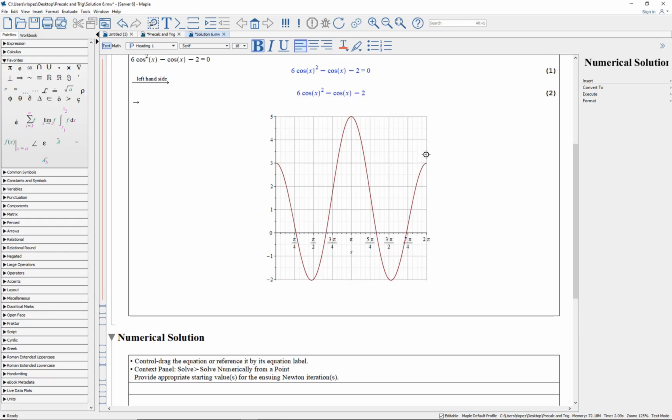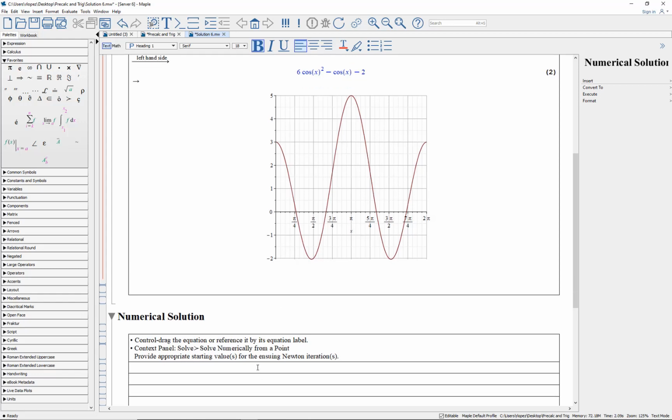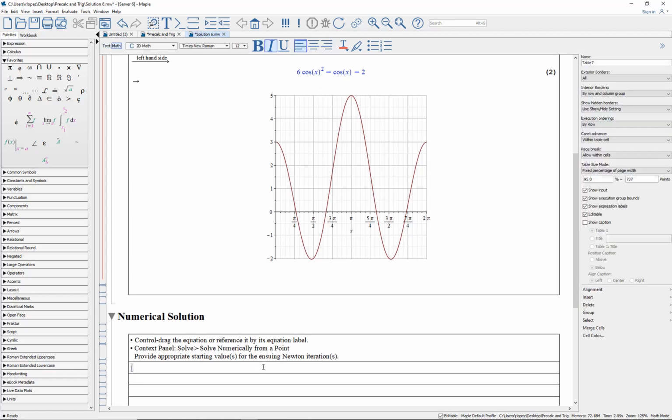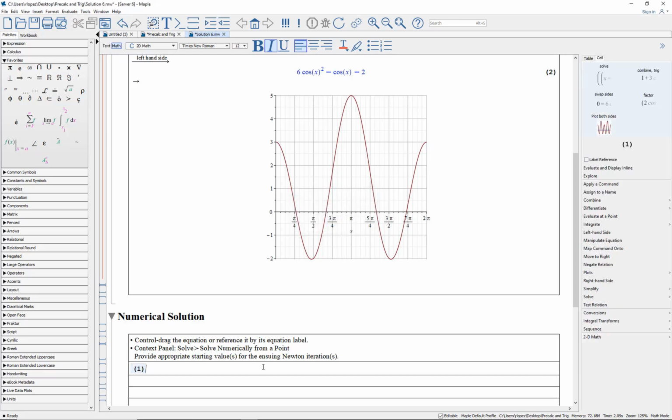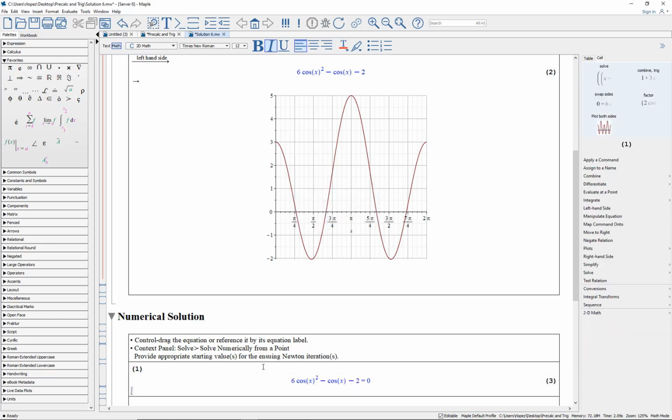So we need to grab the equation. It has an equation label, which we can use to reference the equation. You do it with Control L. L for label brings up the insert label tool. We type the number of the equation, and that stands for the equation.